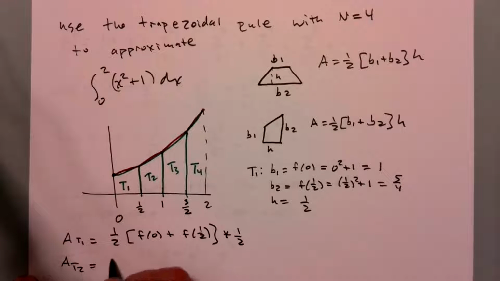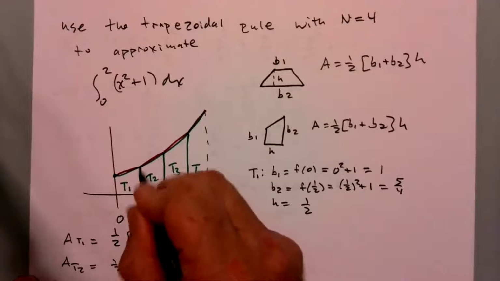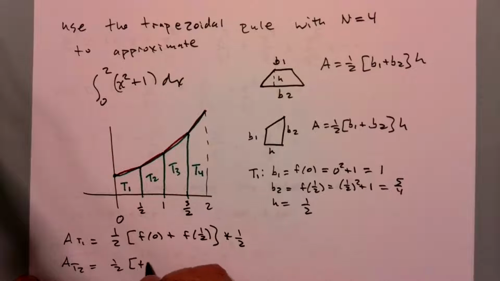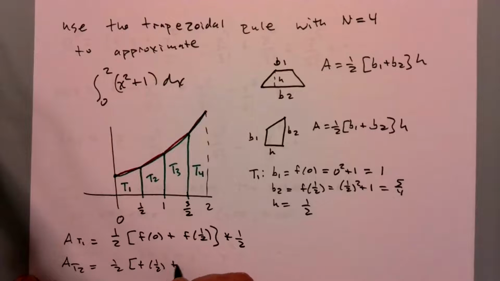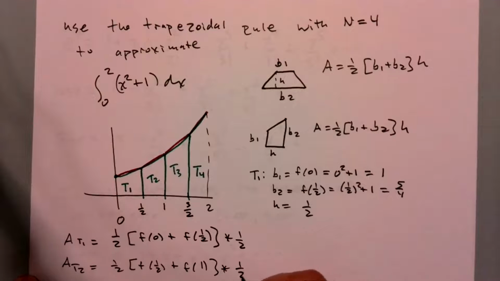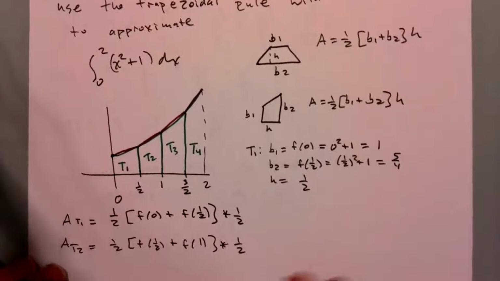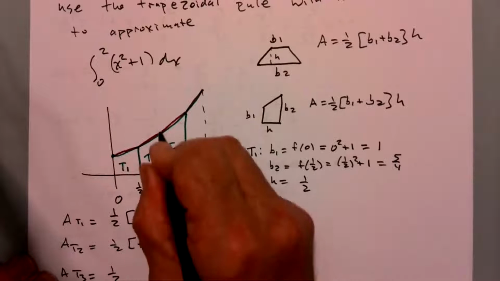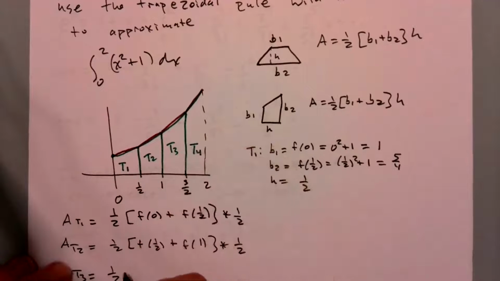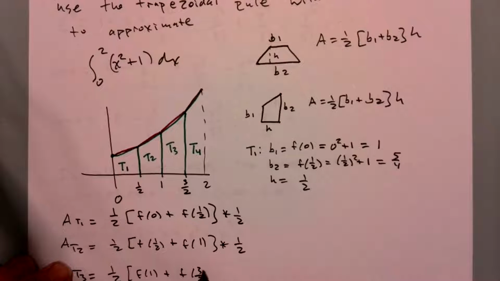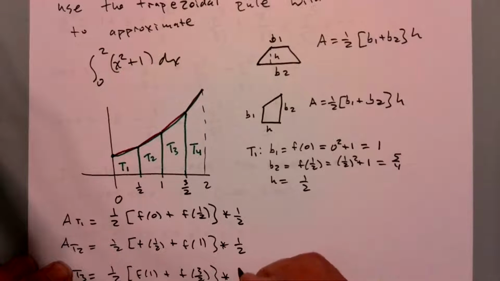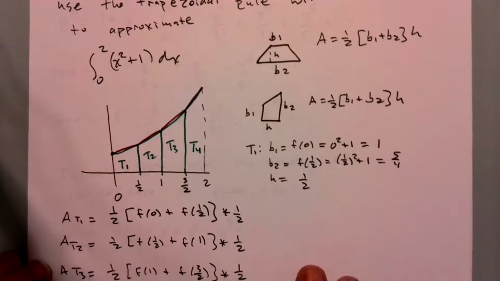The area of trapezoid 2, the first base is f of a half. The second base is f of 1 times a half. The area of trapezoid 3, the first base is f of 1. The second one is f of 3 halves. 1 half f of 1 times the height.